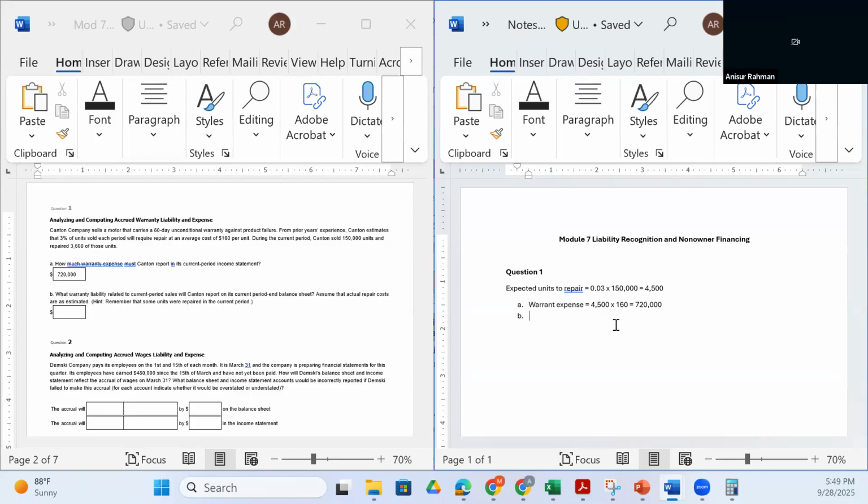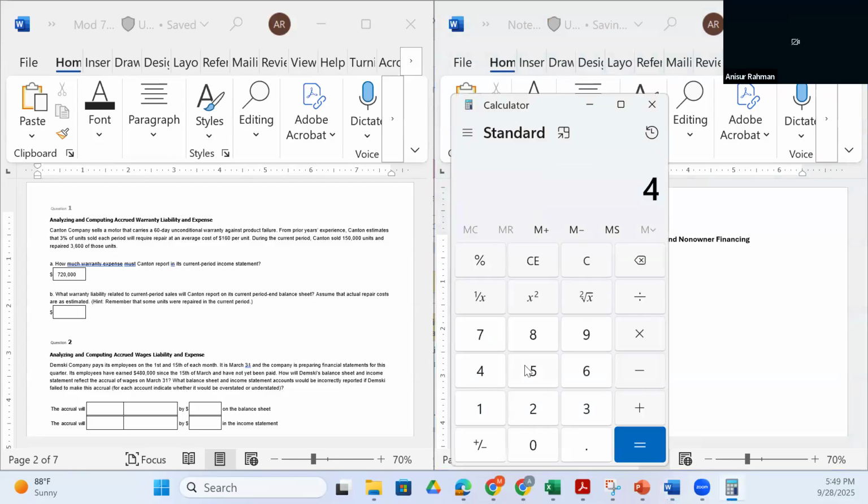So the liability will be your 4,500 units minus your 3,600 units, times 160.